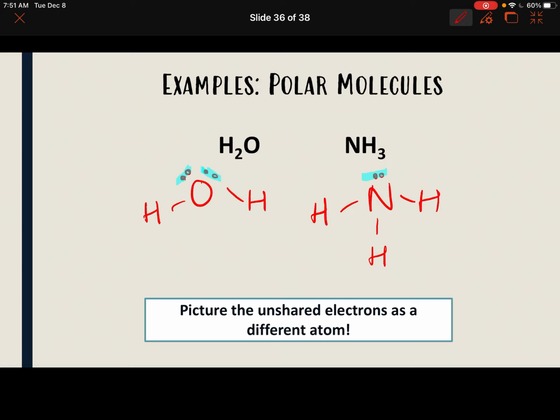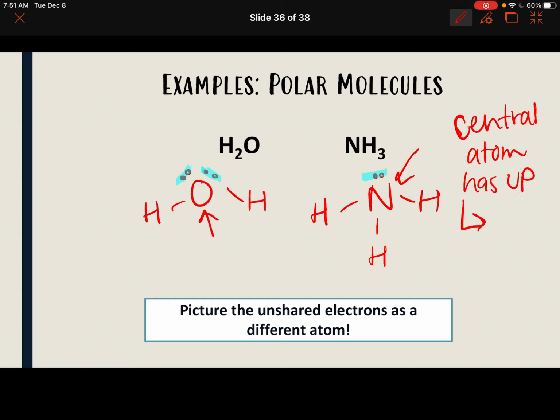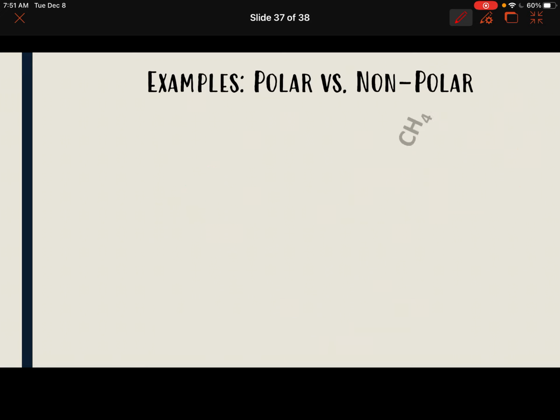And so it says, picture the unshared electrons as a different atom. So if the central atom has unshared pairs, then it is polar, okay? Automatically polar. If there are unshared pairs on the central atom, it's going to be automatically polar.